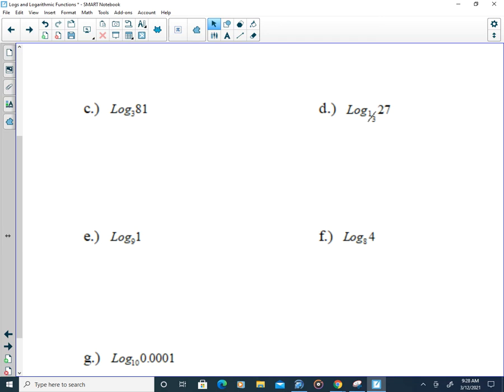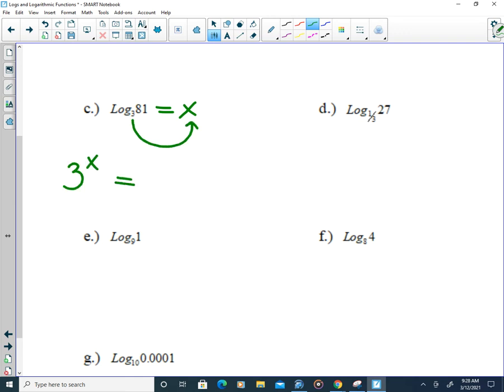Since we don't know what log base 3 of 81 is, let's set it equal to x. And now let's use that one property that I showed you, those two equations and how they're equivalent. So let's rewrite this as an exponential equation: 3 to the x power is equal to 81.